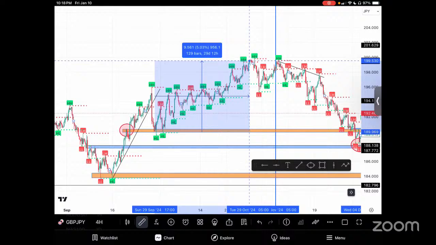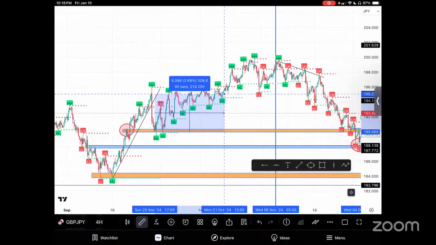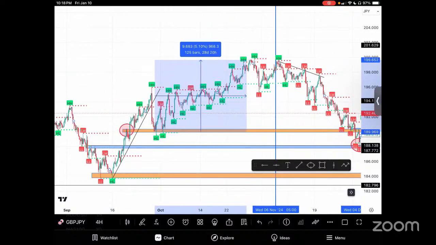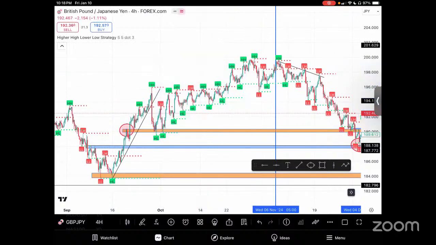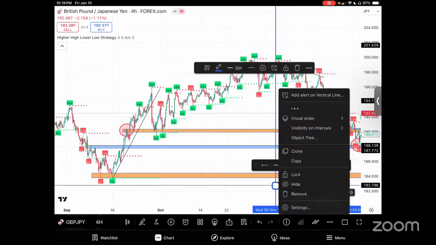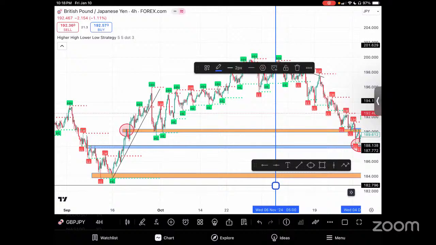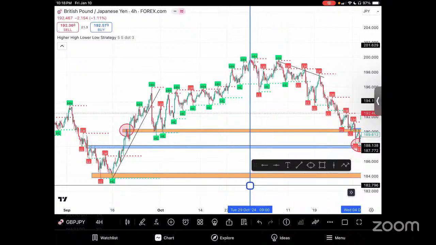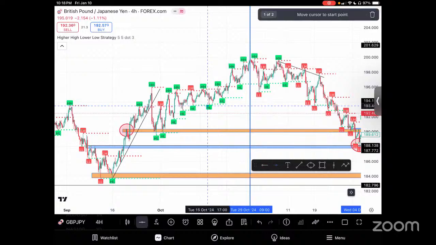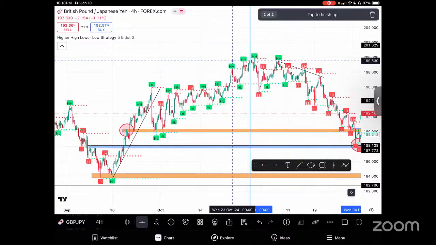All right. So let's get back on track. Price bought all the way up here. Okay. Price bought all the way up there. And eventually that uptrend ended. And then what direction did it start to go? Right up here.